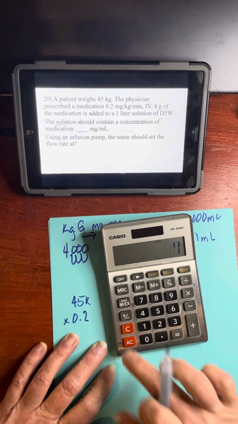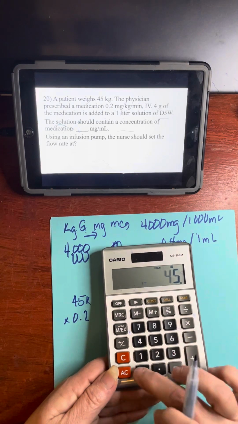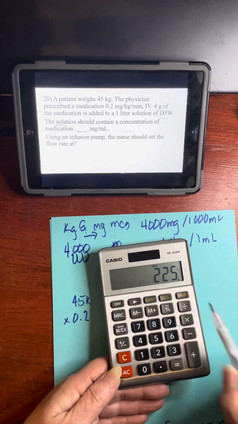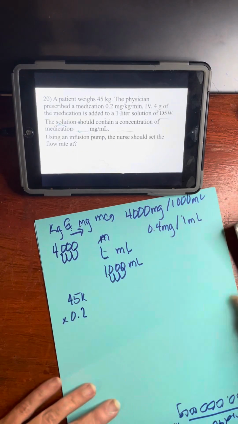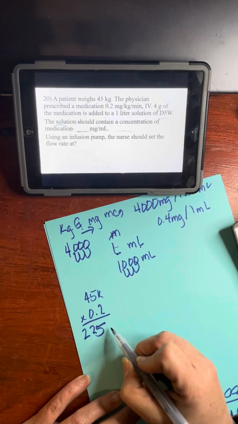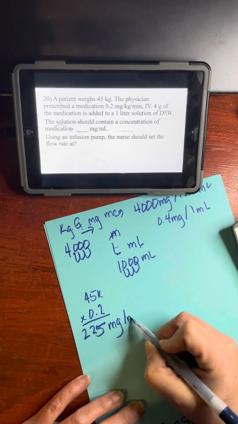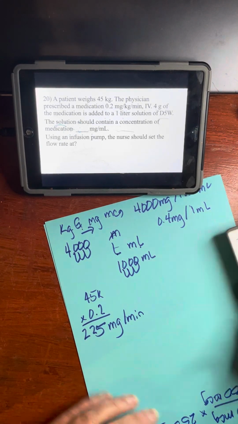Come on, let's do it together. 45 times 0.2 equals... 225 milligrams per minute. I don't believe that.